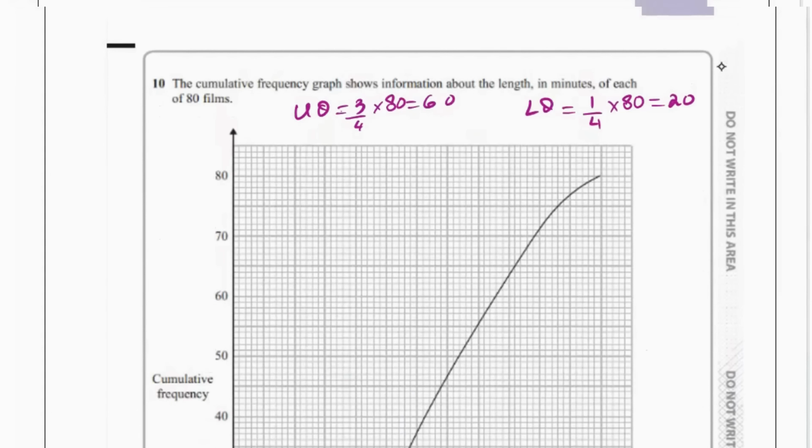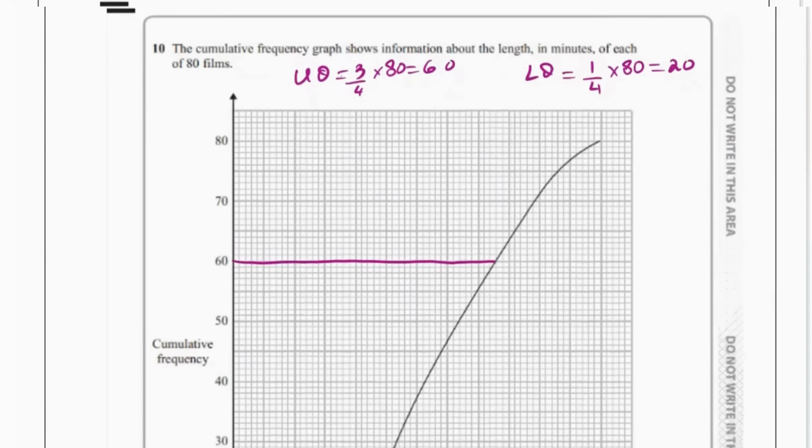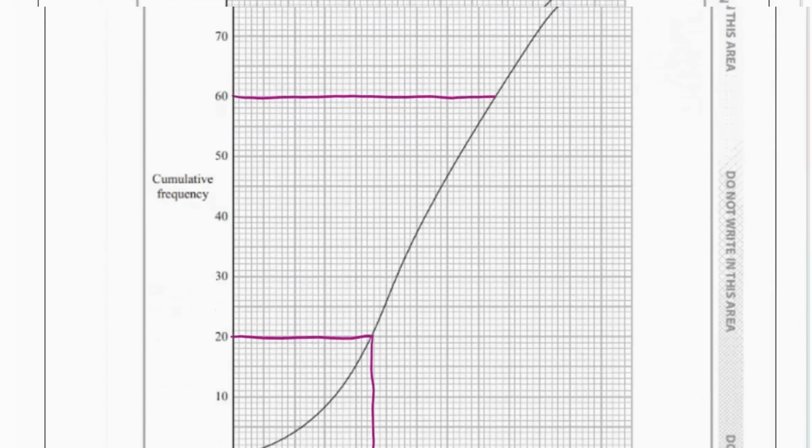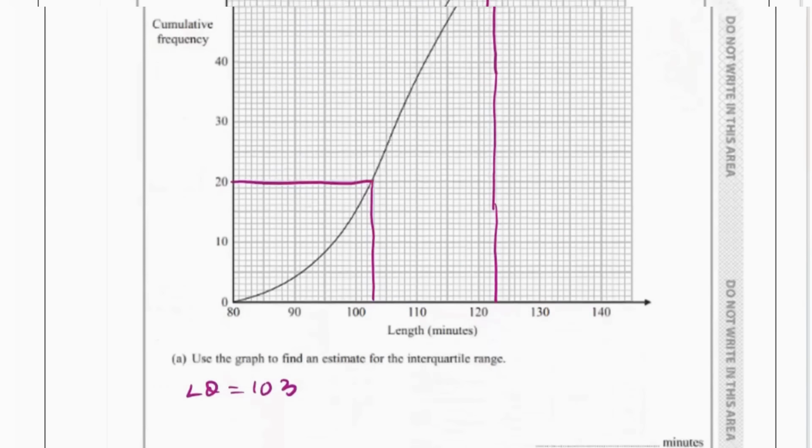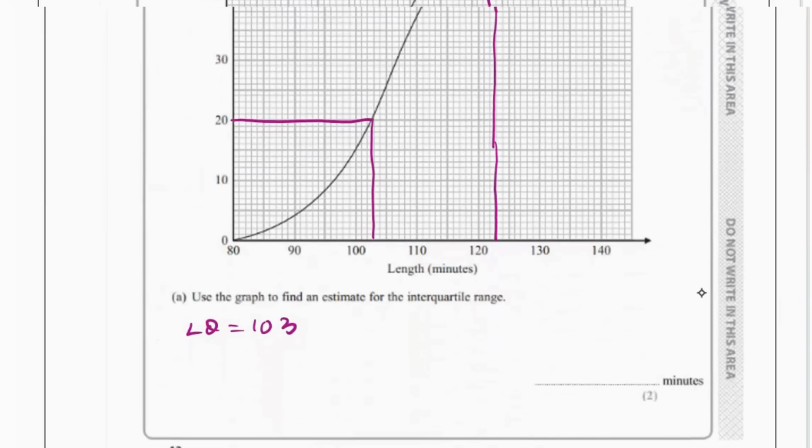So we draw a line from 60 towards the graph. Please use a ruler to draw this line. I'm doing it freehand because I can't use the ruler on this app for some reason. So that's going to give us 123.